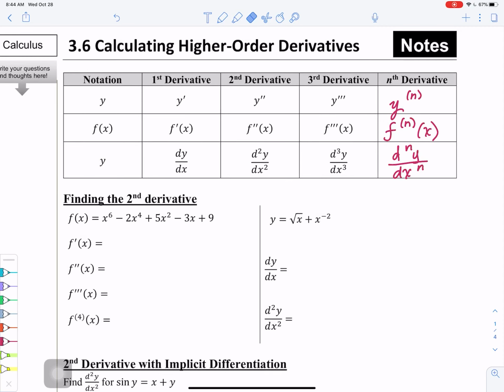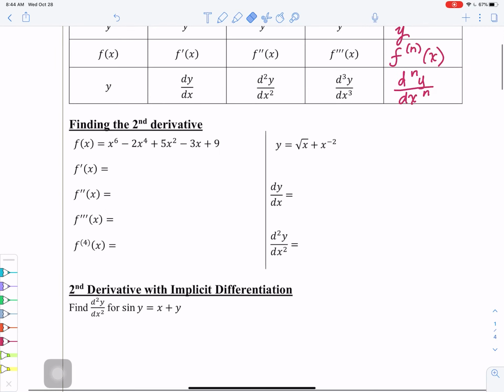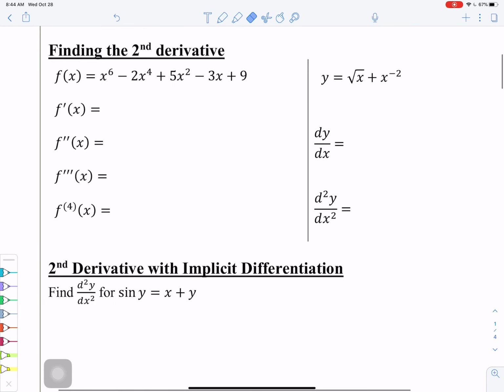Let's go ahead, and we are going to be finding higher derivatives for many different reasons, but let's go ahead and try example 1. So this is a polynomial. We'll use our power rule. So the first derivative, f prime of x, is 6x^5 minus 8x^3 plus 10x minus 3.